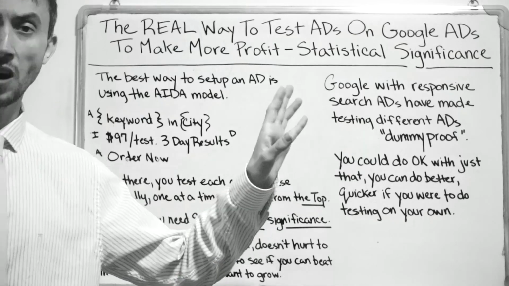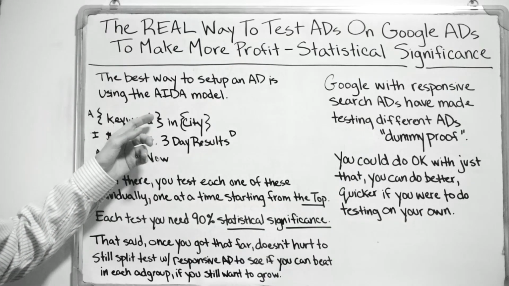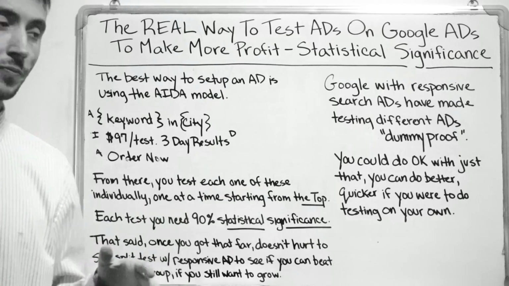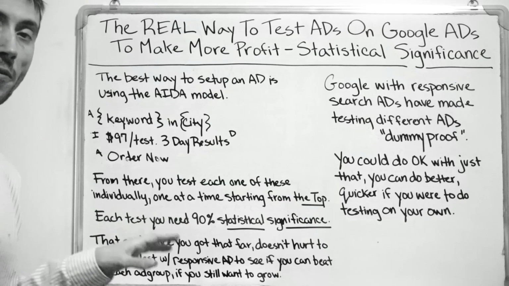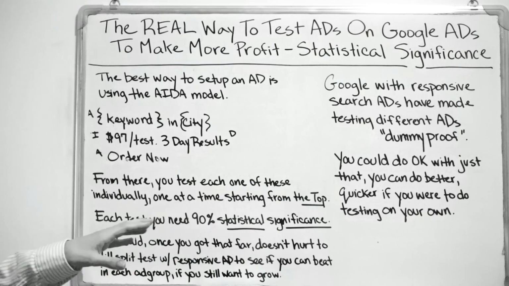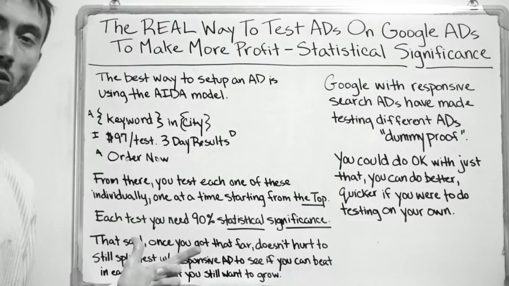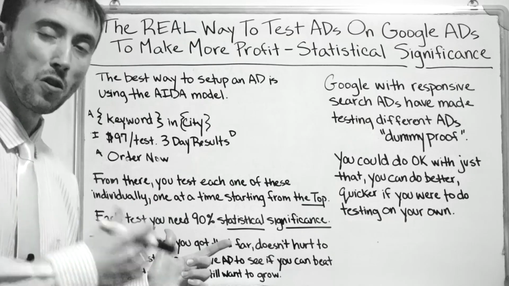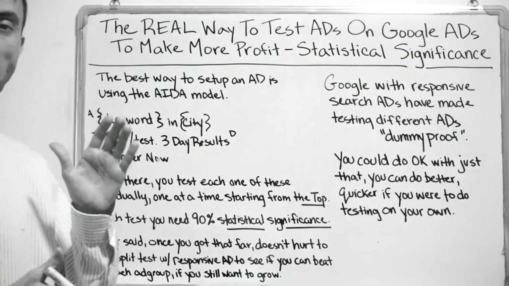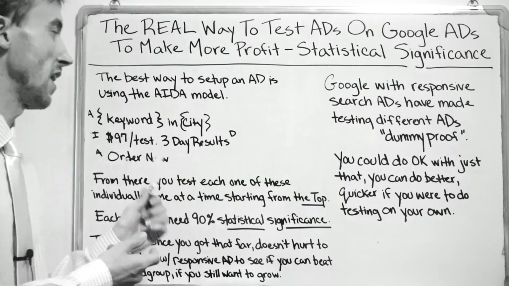Now, I know it sounds like I'm contradicting myself here, but with all the information you learned here, like your top headlines and your top descriptions, I encourage you in every ad group to put all of those into a responsive display ad and let Google take your best ad and also run the responsive search ad that you put a bunch of the most winning headlines in there, to run side by side and see if the responsive display ad can beat the best ad that you can come up with using the AIDA model.